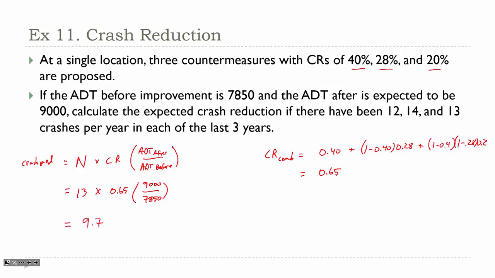So we would expect 9.7, 9 or 10 crashes reduced, which is pretty good considering we're averaging 13. So we would only expect there to be 4 remaining. Yeah, can never get rid of those.